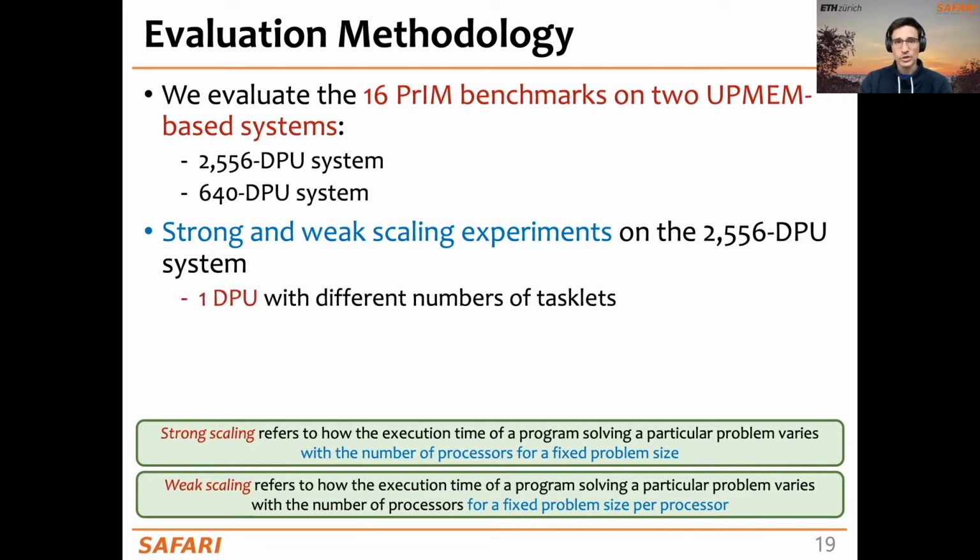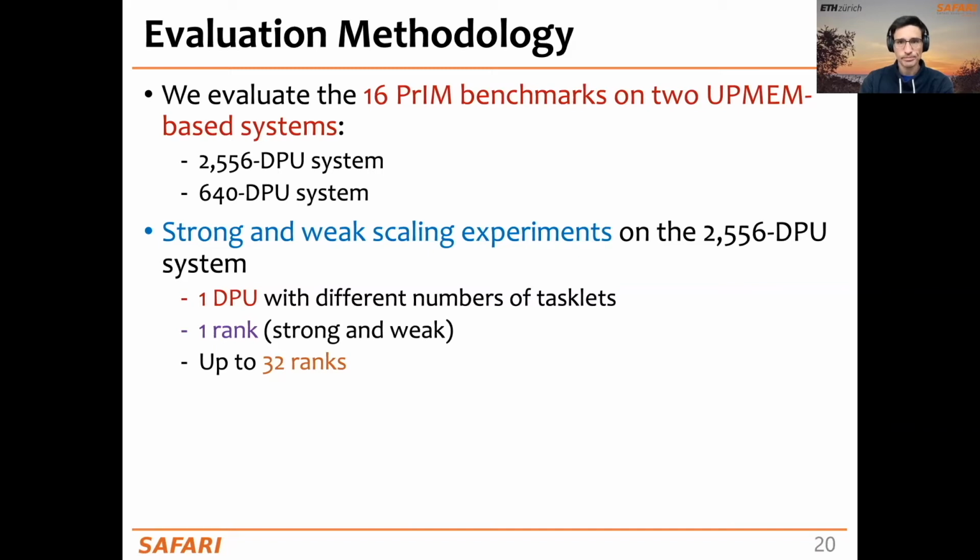We perform strong scaling experiments on one DPU, changing the number of tasklets per DPU. We also perform strong and weak scaling experiments on one rank. Remember that one rank has 64 DPUs, and we also perform strong scaling experiments on up to 32 ranks.